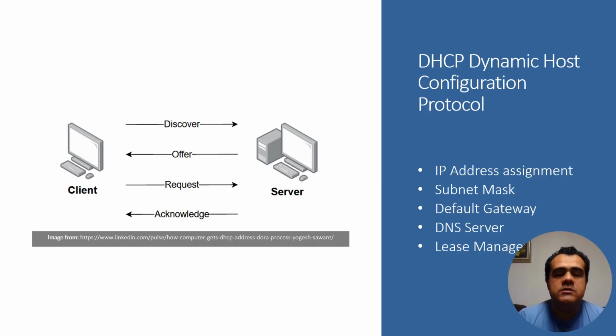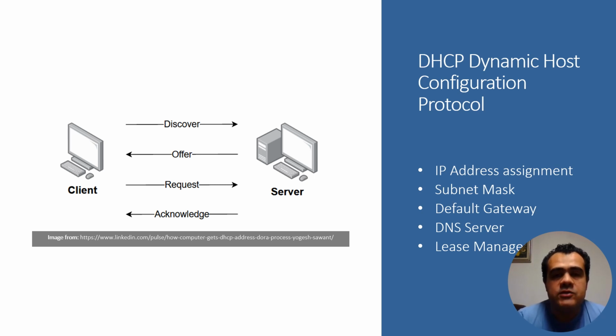First, just a summary of how the DHCP protocol works. Basically, the main feature is that we can assign IP addresses in a network, and we don't need to assign all the IPs manually.